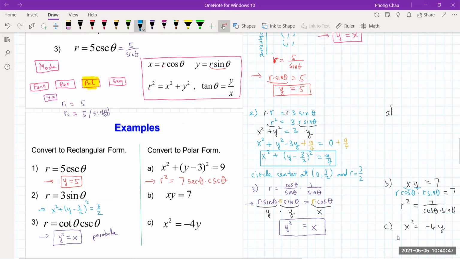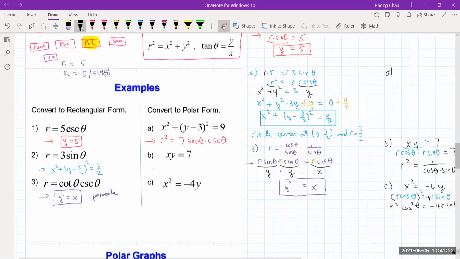So replace x with r cosine theta and y with r sine theta. Then the equation becomes r squared cosine squared theta equal negative 4 times r sine theta.